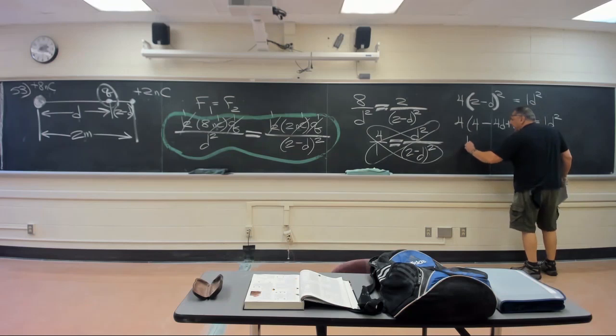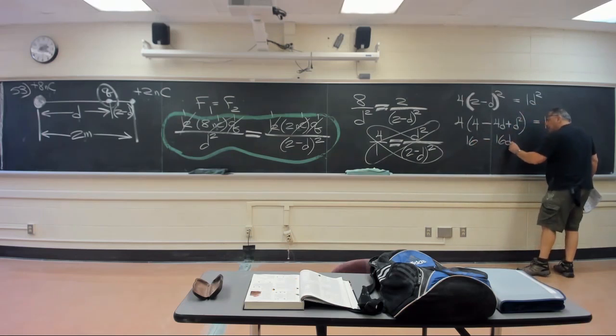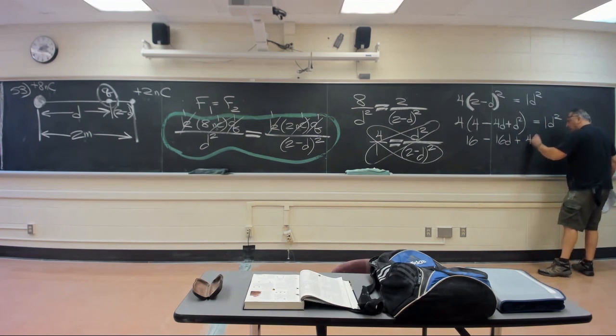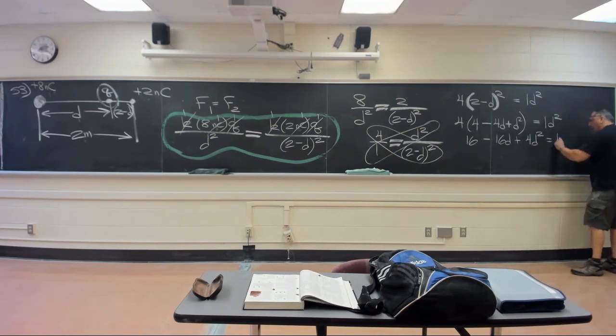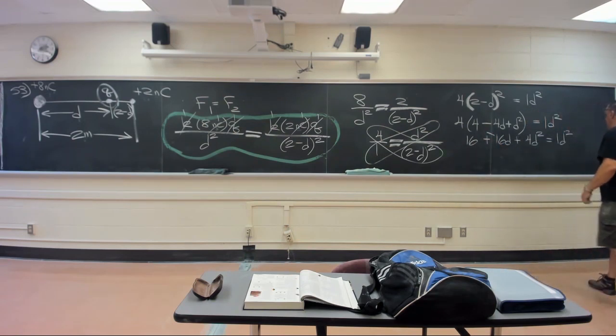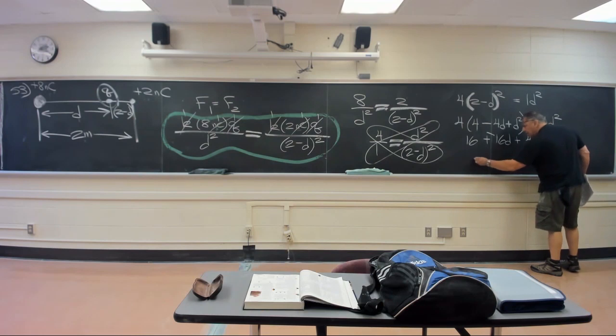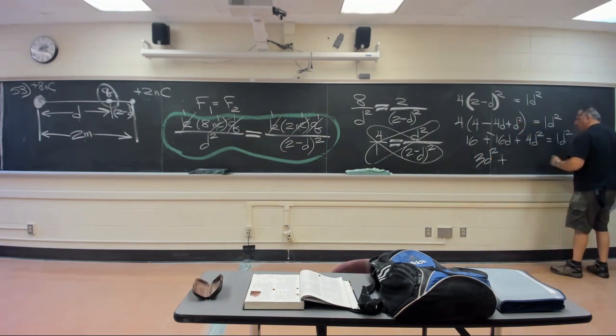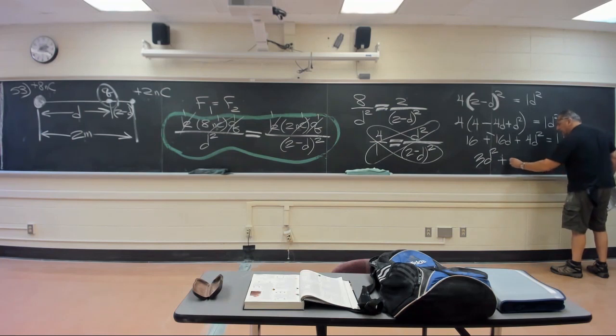Keep working the math, I guess. 16 minus 16d plus 4d squared equals 1d squared. Minus 16d is plus a negative 16d. Add a negative 1d squared on each side.